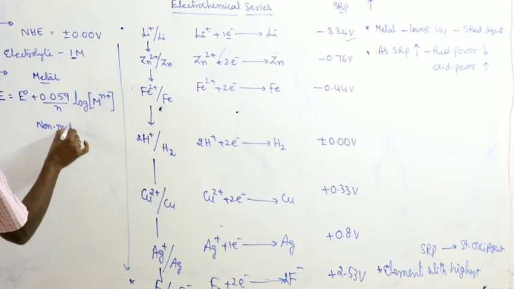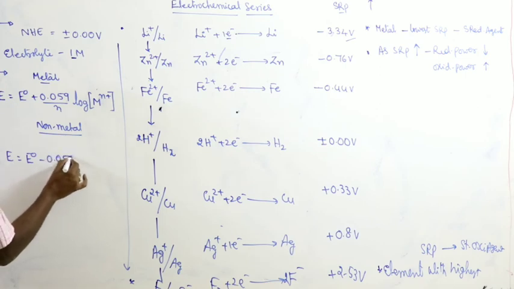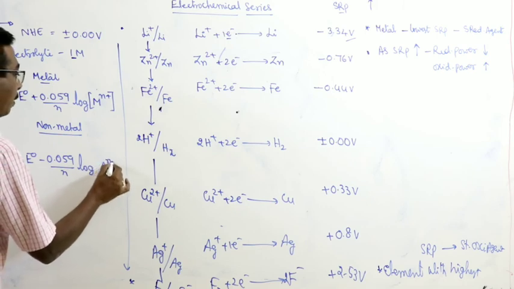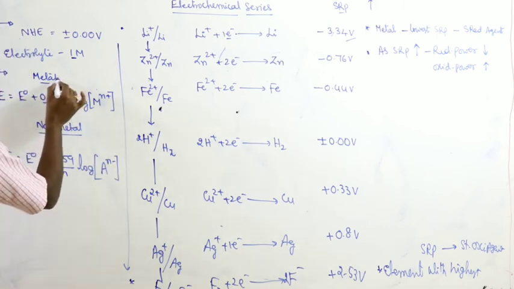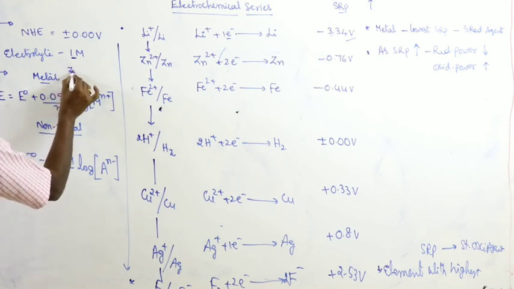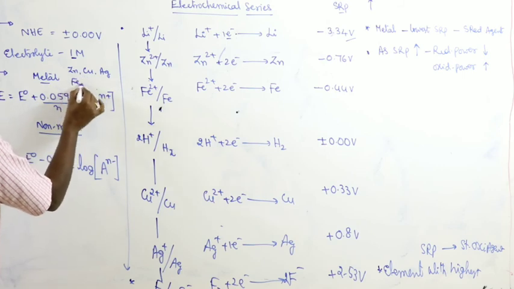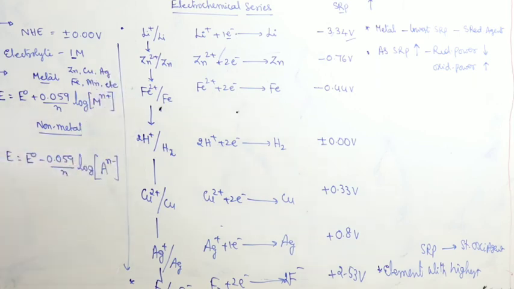In case of non-metal, E = E° - (0.059/n) log [A^n-], A to the power n-. What are the examples for metal? That may be zinc, copper, silver, iron, manganese, whatever it may be. Here you should consider them as reduction only.